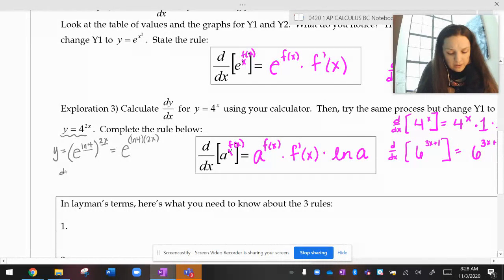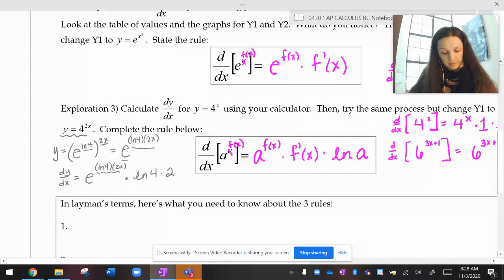If I want to take the derivative of that, the derivative of e to the something is itself times the derivative of the exponent. The derivative of ln 4 times 2 times x is just going to be ln 4 times 2. Okay, Mrs. Weber, how does this help? Well, here's how it helps.